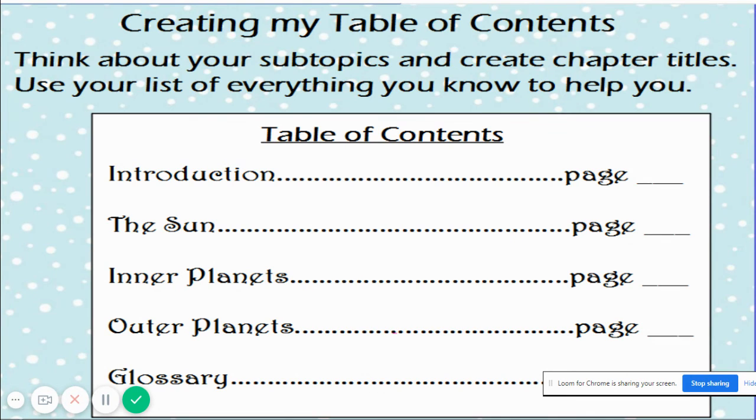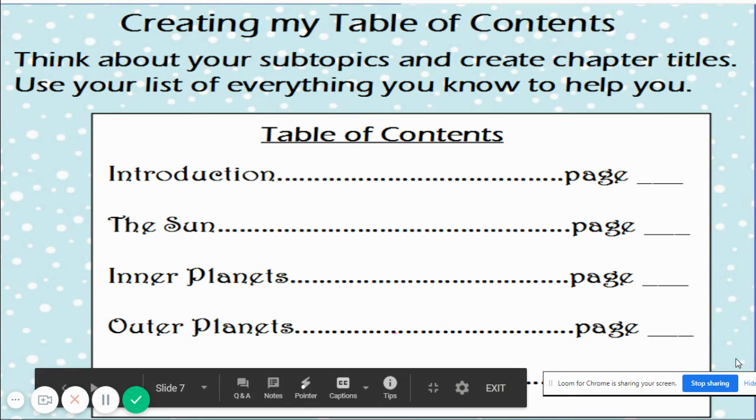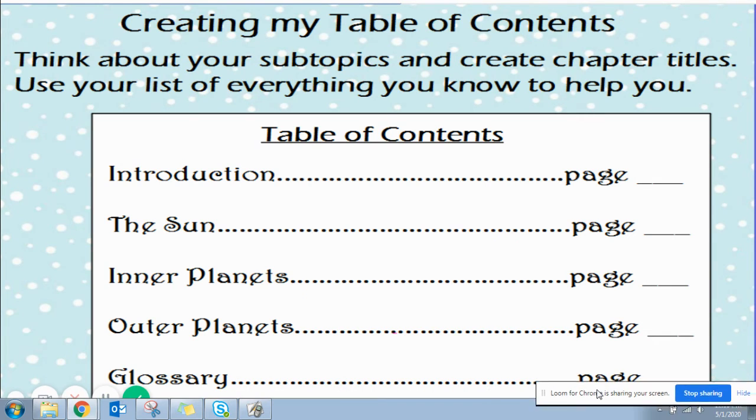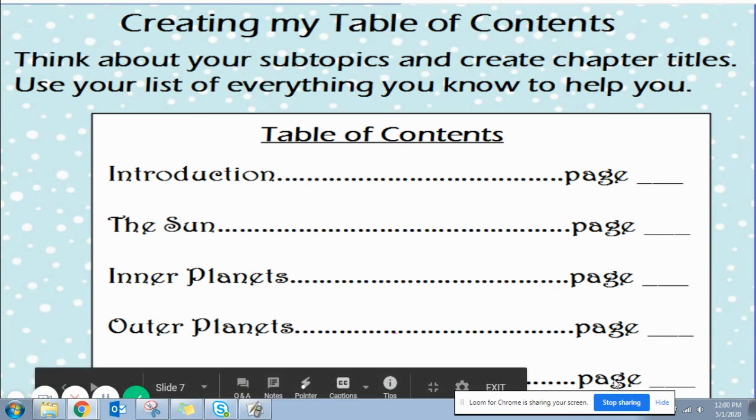Also, I think a glossary is very important because vocabulary words and using appropriate words for your topic is something else that's on your checklist. Notice that I also left the page numbers blank because I don't really know yet how long everything is going to be. I did write a page for everything, but I left it blank because I don't know how long it's going to be.